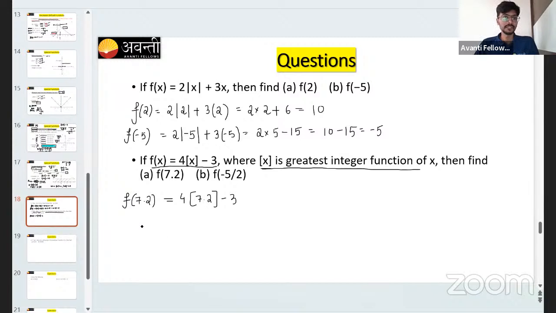If you have any confusion, just plot 7.2. On the left comes 7, on the right 8, we have to see the lesser one, so the answer is 7. So this is basically 4 into 7 minus 3. 7 4s are 28 minus 3.